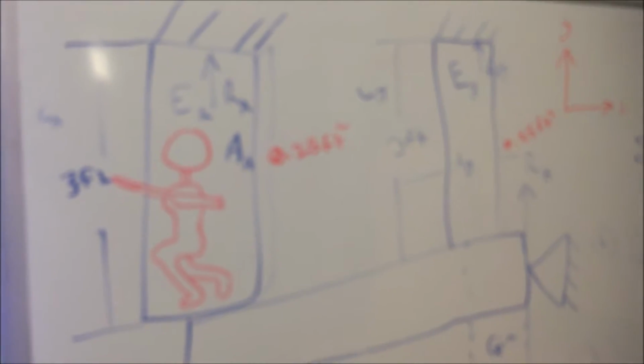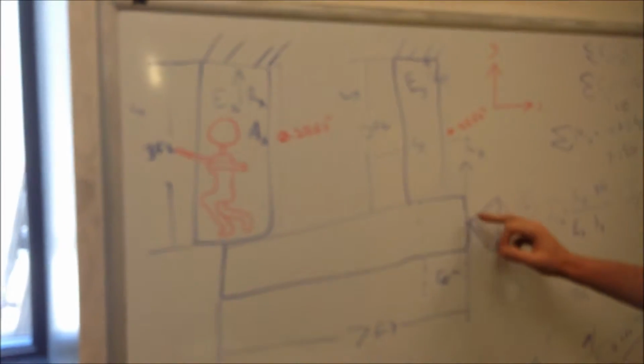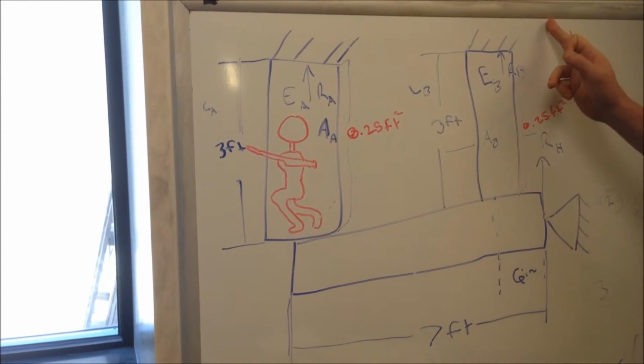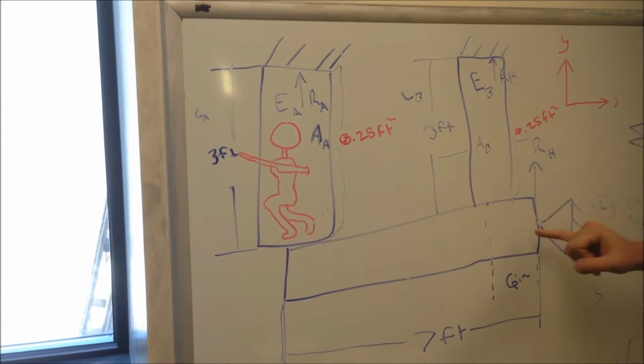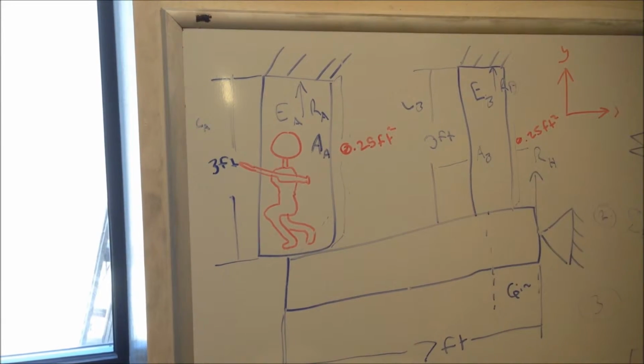You can also see that from our two-dimensional free body diagram. We can use this hinge point here as our origin, and then from here we have our y. So we have our positive x going this way, and our positive y going upwards. Now we move on to our equilibrium equations.